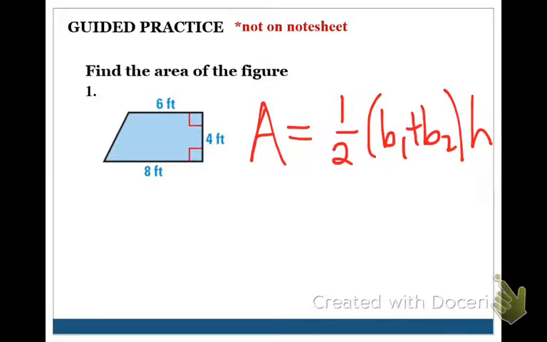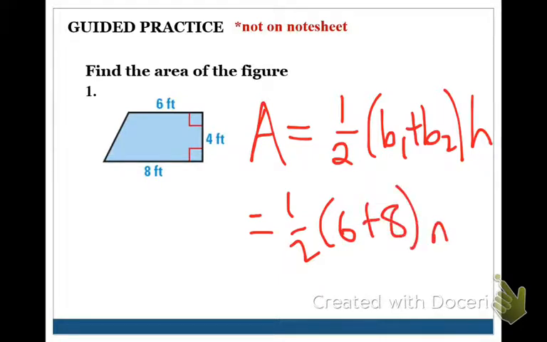Okay, then we plug in. What do we plug in, Gage? 6 plus 8 times 4. Yeah. 1/2, 6 plus 8 times that quantity times 4. Right? So that would be 2 times 14 is 28. And my units would be feet squared. Questions? All right.